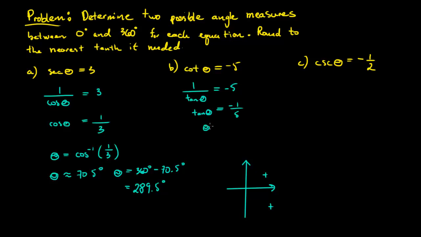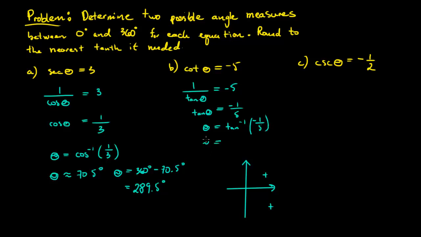So we could take the arctan, or inverse tan, of both sides of the equation. Let me write this step out. Theta is equal to the arctan, or tan inverse, of -1/5.